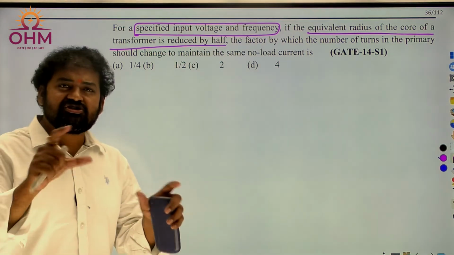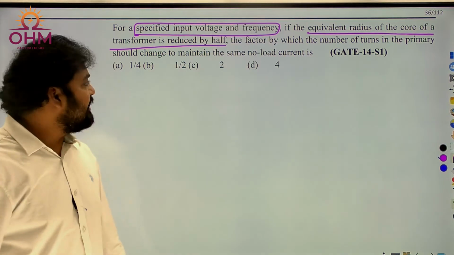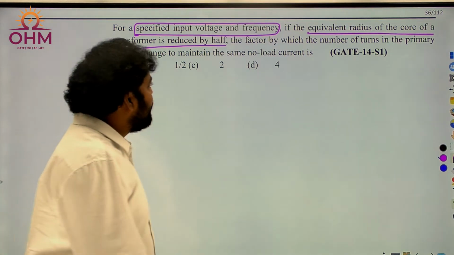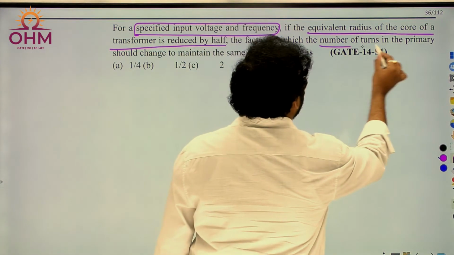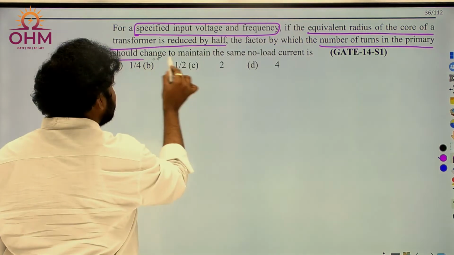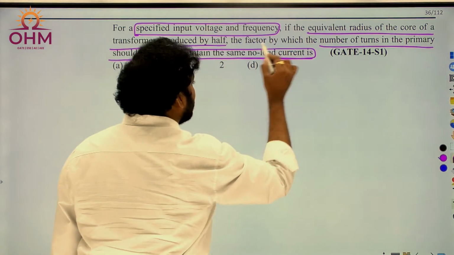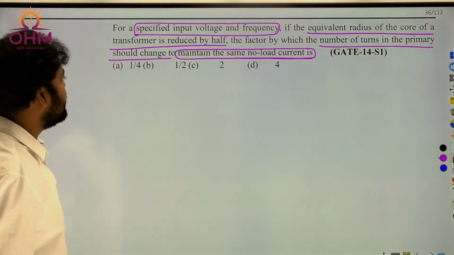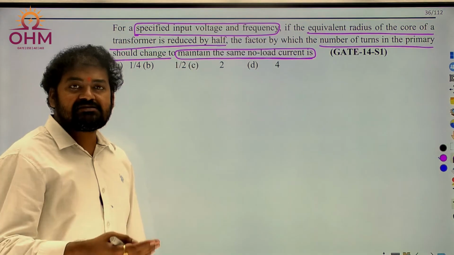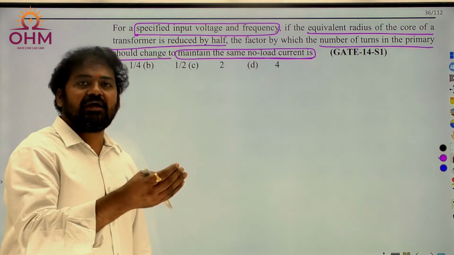That means some change in the physical dimensions of the magnetic core. Now, by what factor should the number of primary turns change to maintain the same no load current? This is the condition. We want to maintain the same no load current. In that case, what should be the change in the number of turns?